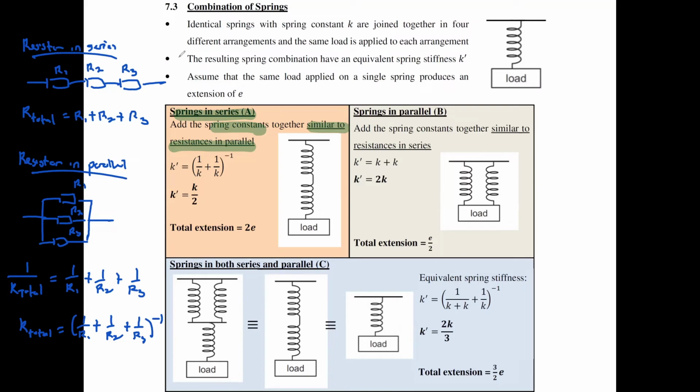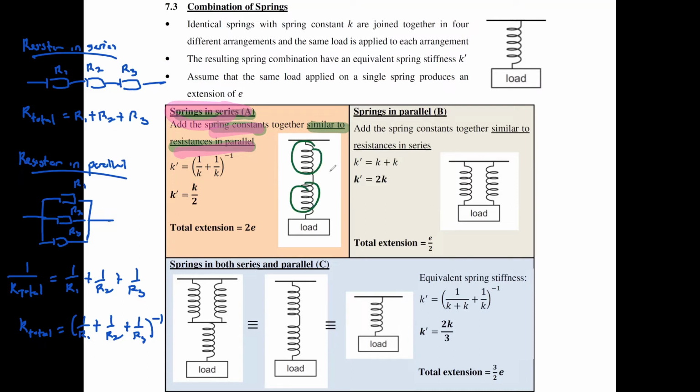So if you have springs in series, you add up the spring constants like you would resistances in parallel. What I mean by that is, if you look here, there are 2 springs.